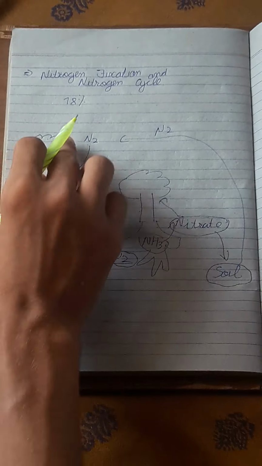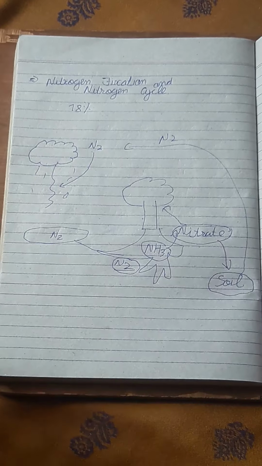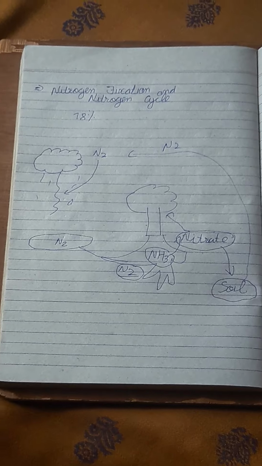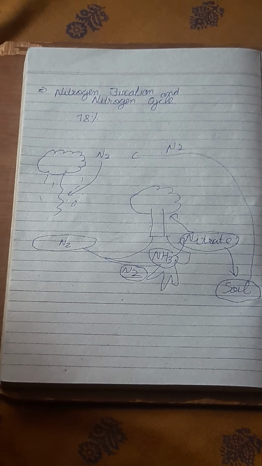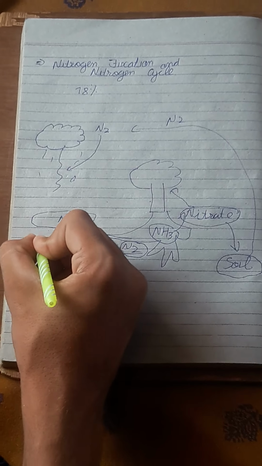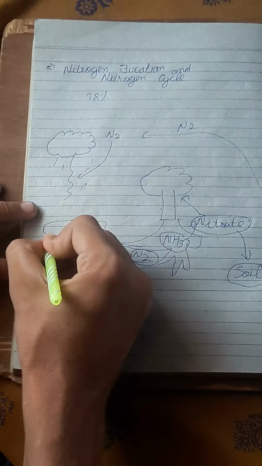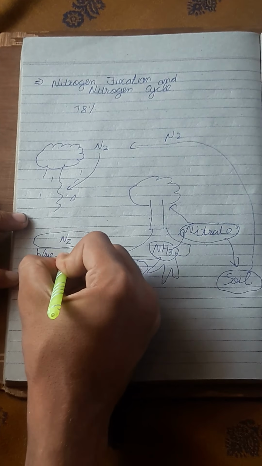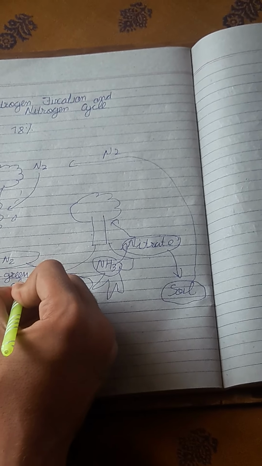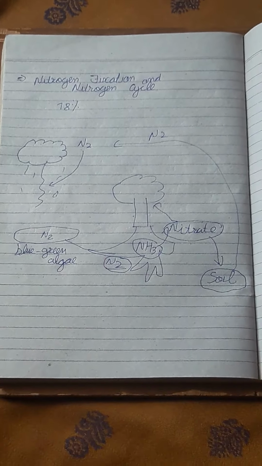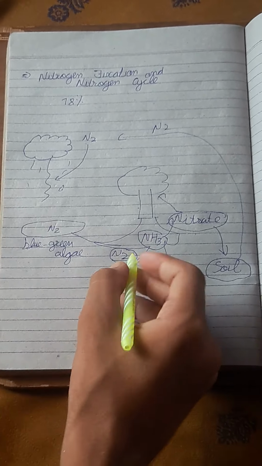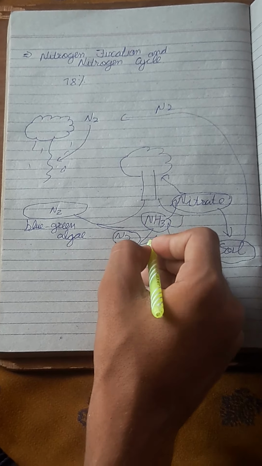So let's summarize. The atmospheric nitrogen is converted into a useful form, and this is called nitrogen fixation. In nature, nitrogen fixation happens due to lightning, the nitrogen fixing bacteria, and the blue green algae. These are also called rhizobium, as I told you, living in the structures of the roots of the plants.